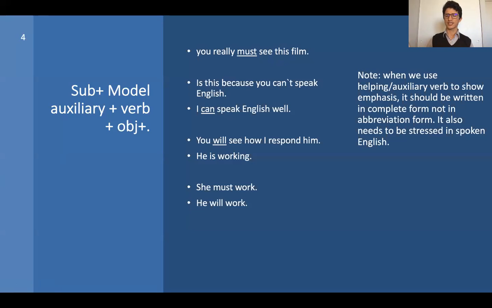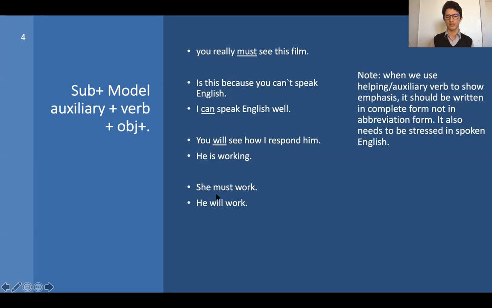And he says, I can speak English well. So here we use a modal auxiliary verb to show the emphasis. Here, you will see how I respond to him. So when you pronounce will, it should be with stress.